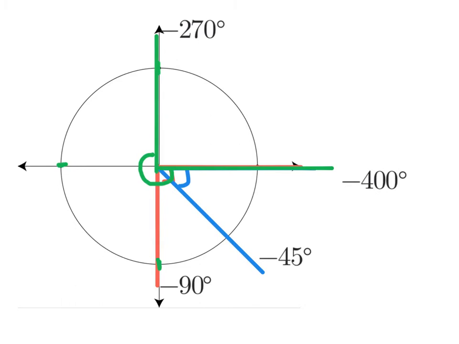For negative 400 degrees, that one might throw you for a loop, but we start with our initial side on the positive x-axis, as always, and we want to rotate backwards 400 degrees. But if we go backwards one time around the circle, we're at negative 360 degrees. And how are we supposed to get to negative 400 degrees?